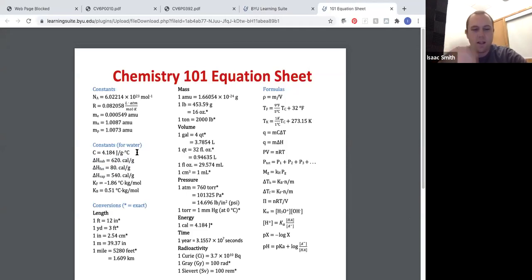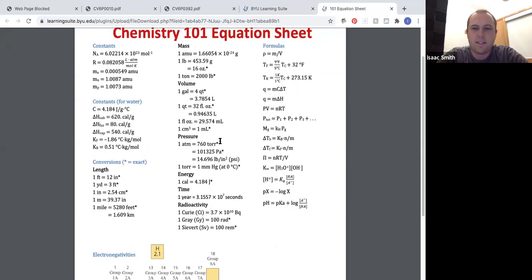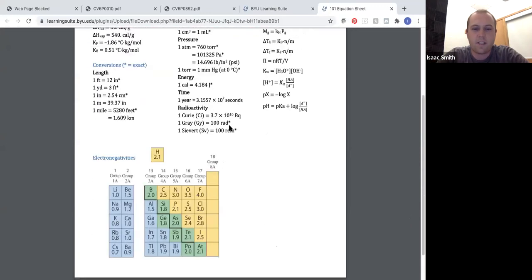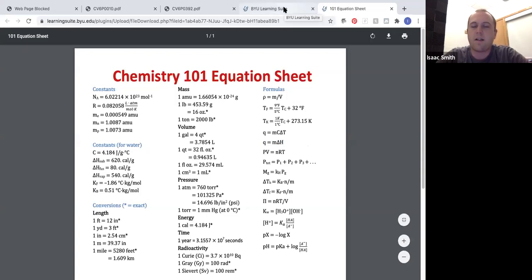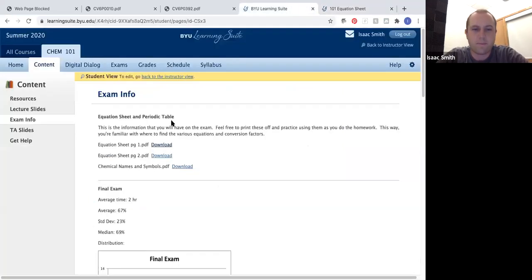There's a lot of different conversions on here. Electronegativities we haven't talked about yet. And then there's some different formulas over here, like Q equals m c delta T, Q equals m delta H, right? None of these I really care that you have memorized, so they're going to be given to you on the exam, and you're just asked to use them, much like you would with a homework problem.